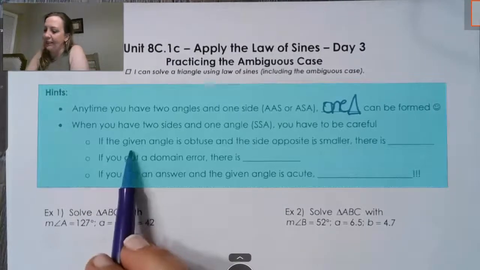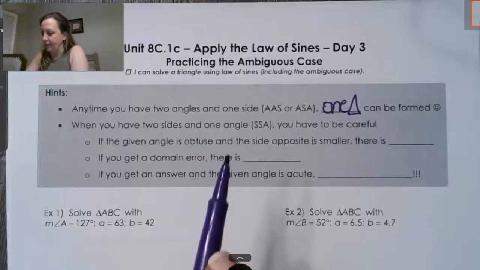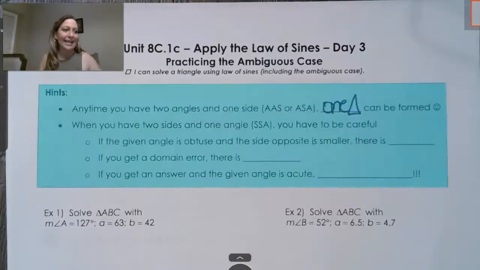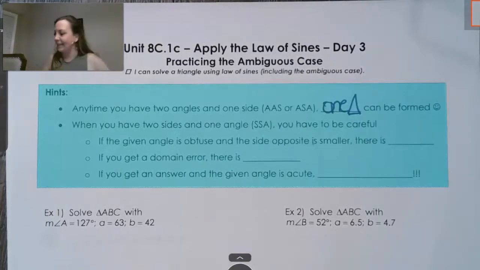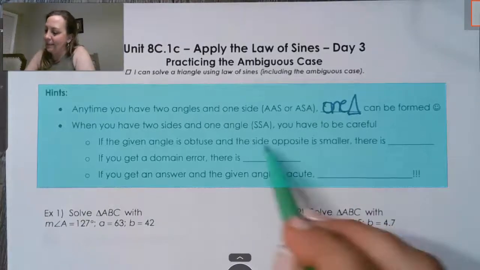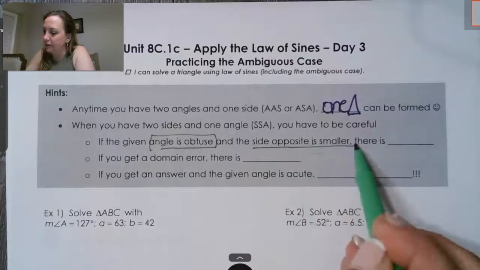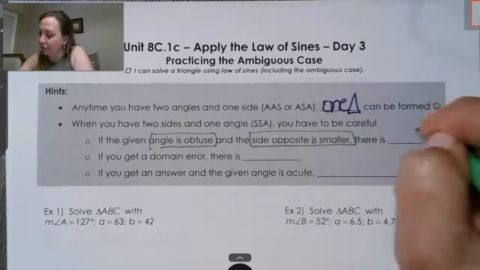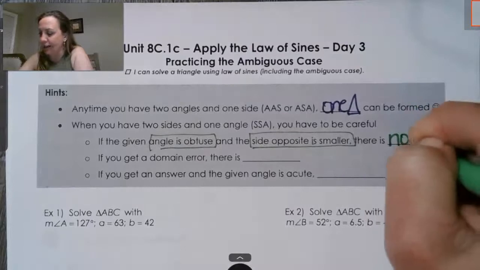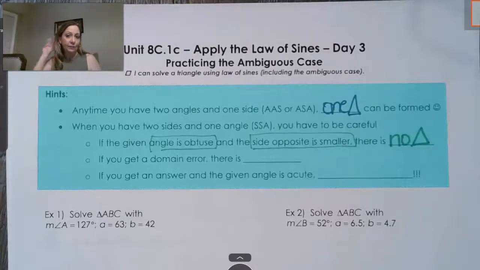If the given angle is obtuse, and if we find that the side opposite is smaller, that's an issue and there is no triangle. If the angle's obtuse and the side opposite, which is what they give you, is bigger, there's one triangle.